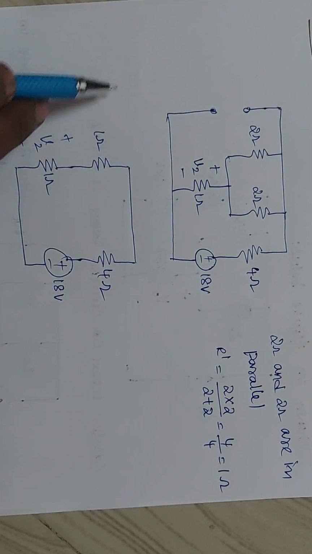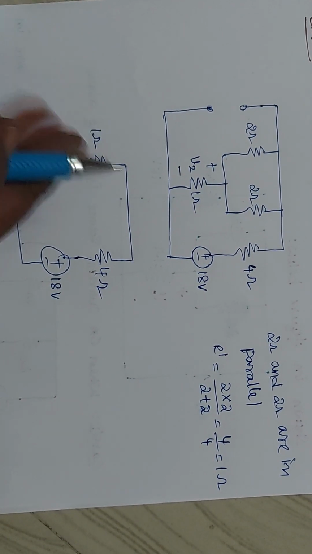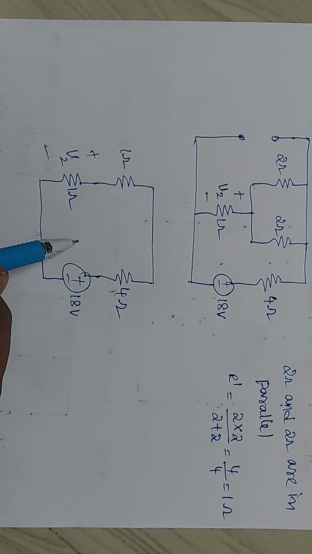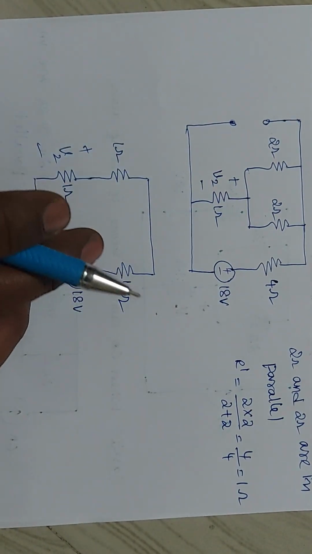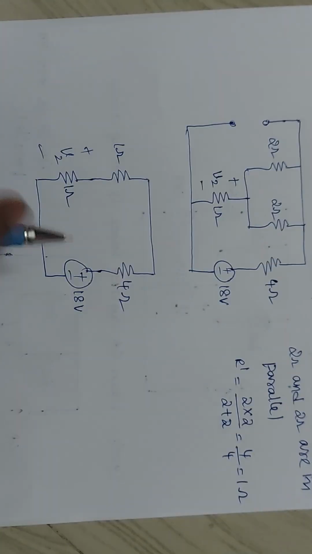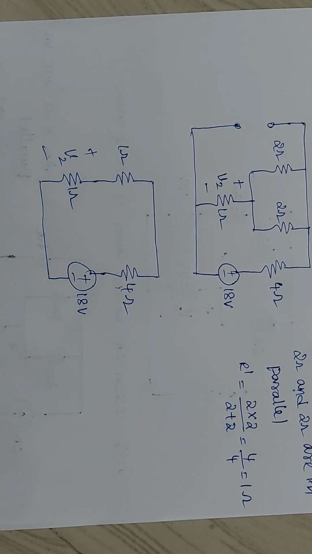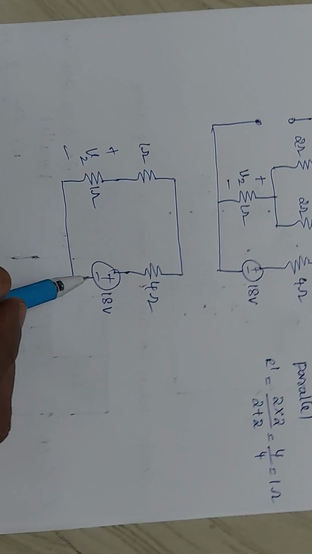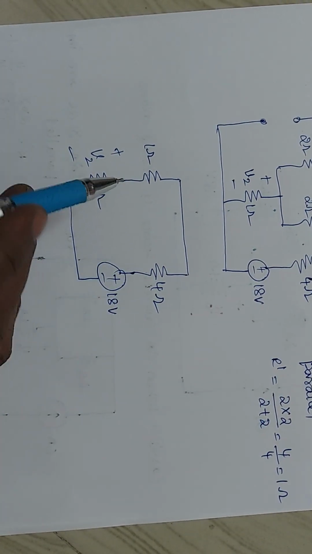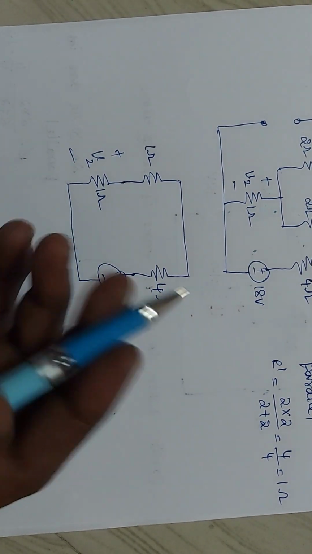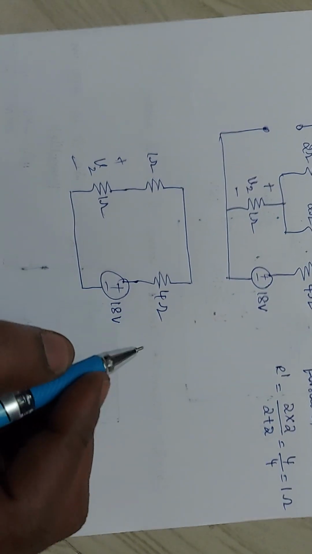There is no need to draw this one, here is the open circuit. Now I can easily apply it. It is a single mesh. So I need to find the voltage drop across the 1 ohm resistance. So I can easily apply KVL.